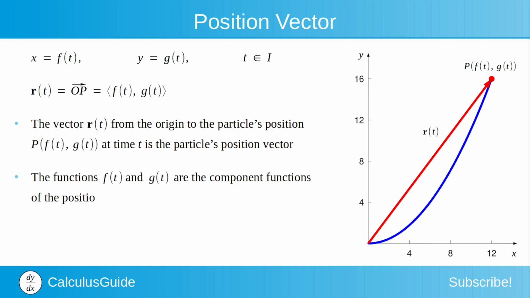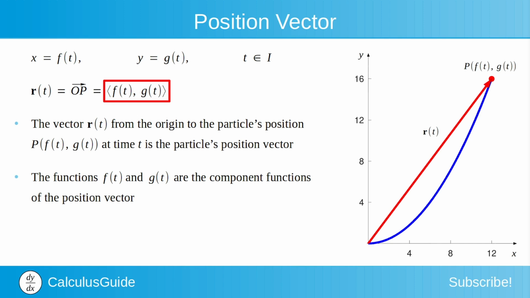The functions f of t and g of t are the component functions of the position vector. We can describe the position vector in component form as left angle bracket f of t, comma, g of t, right angle bracket for a given time t.